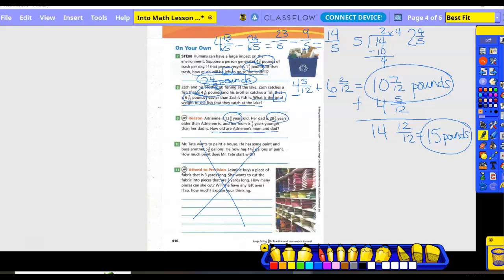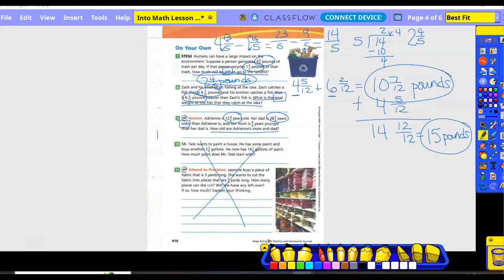So what am I going to do first? It says he's older than her. So I'm going to put older in there. So does that mean I'm adding or subtracting? Her dad is 28 and 5/6 years older than she is. So I need to add, guys, right? Yeah. Okay.